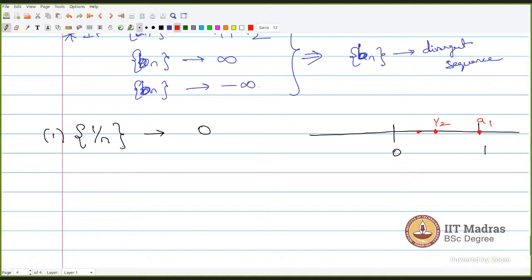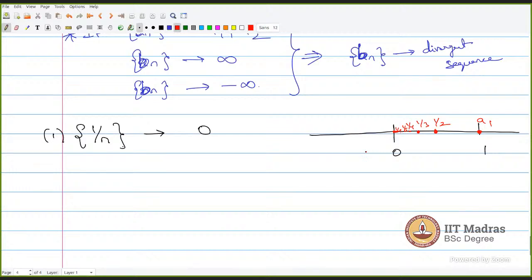When n is equal to 2, a2 will be half. A3 will be 1 by 3, a4 will be 1 by 4, likewise 1 by 5, 1 by 1000, 1 by 1 lakh. As I keep on increasing the value of n, this particular sequence will go nearer and nearer to 0, closer and closer to 0. No value will go to the left side of 0.